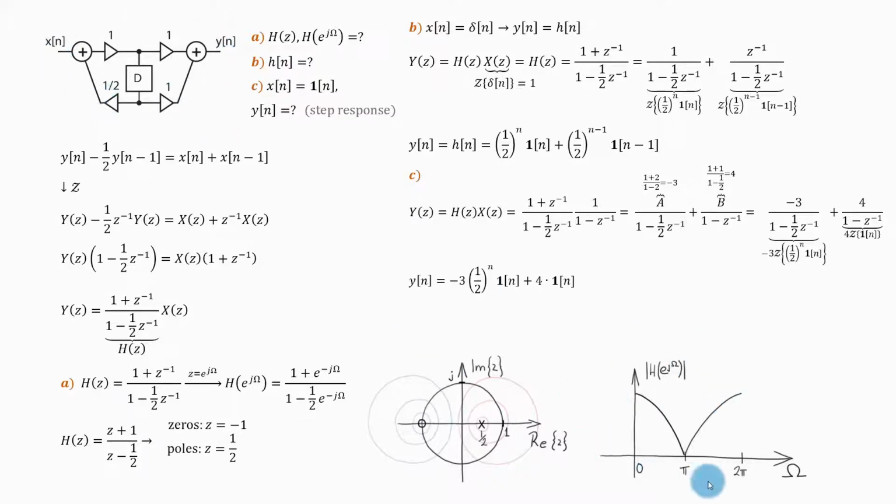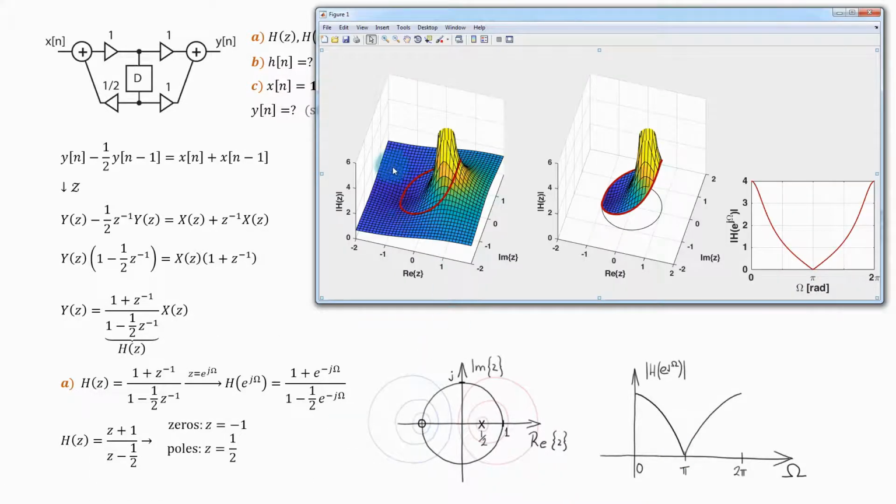And from here I can see that my system is actually a low-pass filter. If you actually went to the trouble of plotting the magnitude of the transfer function in MATLAB, you would get these 3D plots. So this hill is created by this pole, and this valley is created by this zero. And this red line gives you the values of the magnitude of the transfer function above the unit circle.